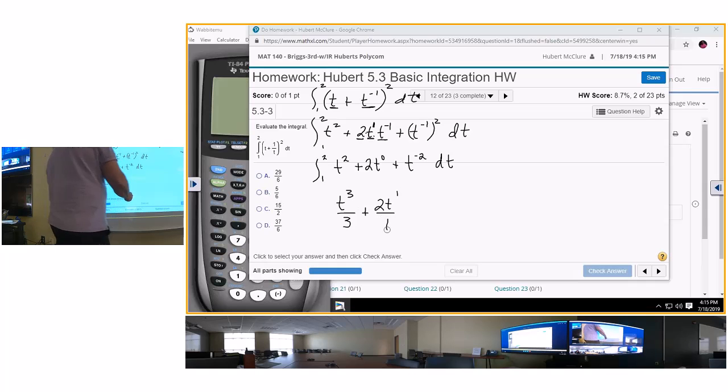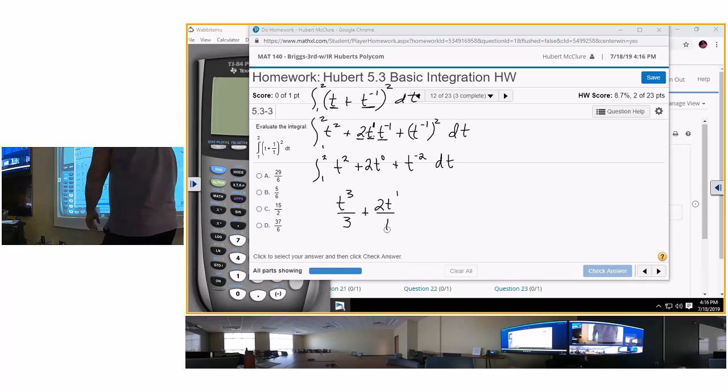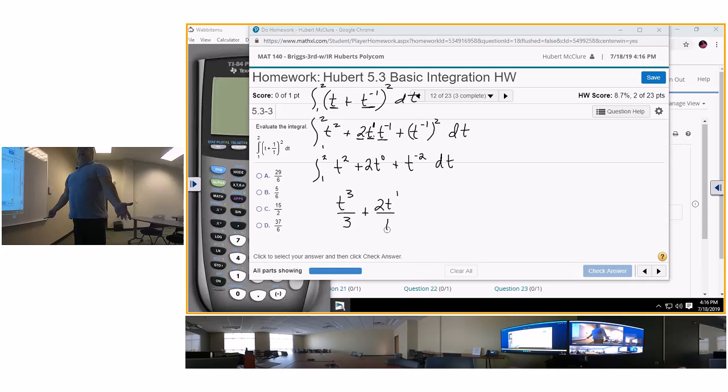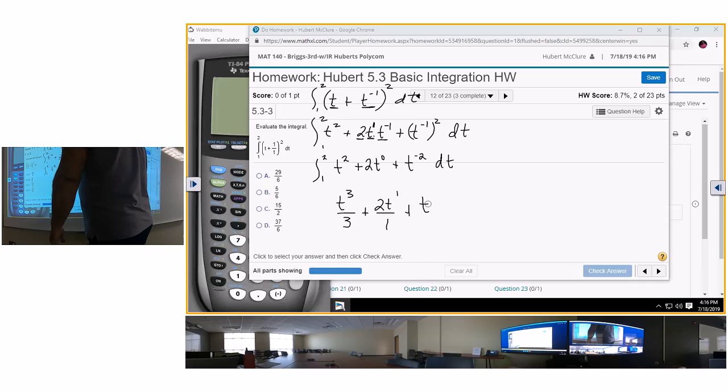And I'm putting that extra step in there because for some reason y'all have a conniption right in here with the 2t to the 0. What students do is they just take the 2 out, they just think it goes to 0. I don't know why, but it doesn't. Plus t to the what? What's -2 plus 1? Evaluated at 1 and 2.